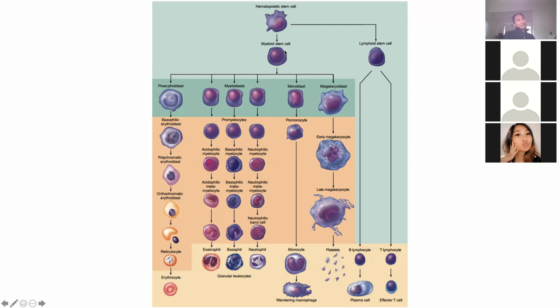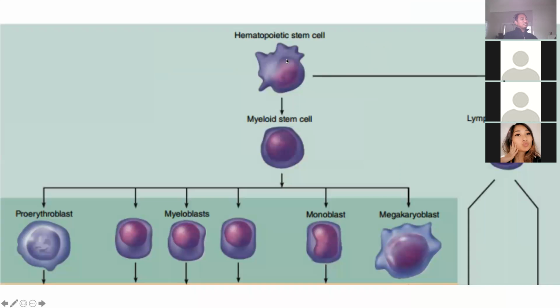Now you start looking at the myeloid stem cell and lymphoid stem cell. The lymphoid stem cell will become lymphocytes, and the rest will originate from the myeloid stem cell. Of course, the origin is the hemopoietic, blood-forming stem cell. From the hemopoietic stem cell, two cells develop: the myeloid stem cell and the lymphoid stem cell.